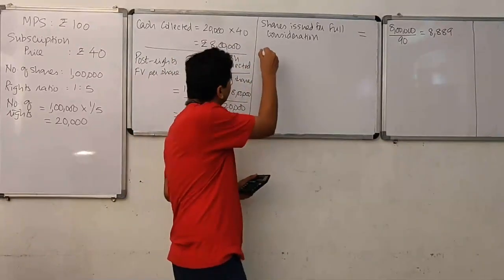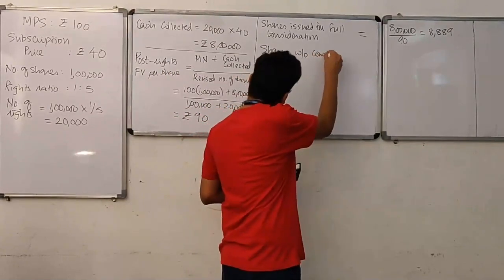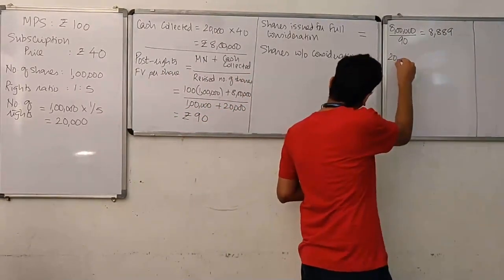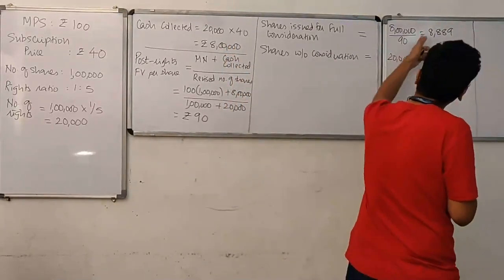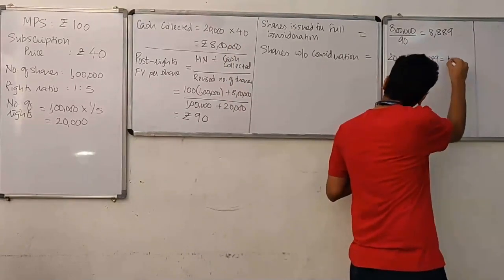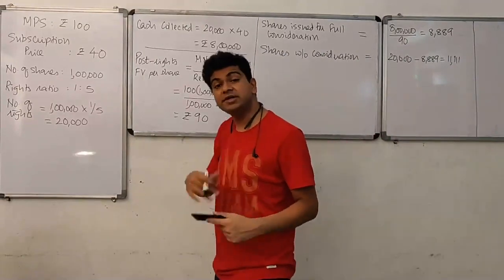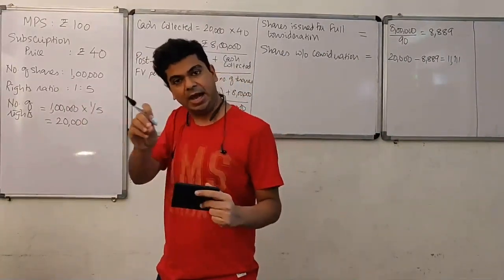So I say here, shares without consideration. This will be equal to, you issued 20,000 shares to collect 8 lakhs, but I could have collected 8 lakhs only by issuing 8889 shares. That means 11,111 shares are issued without getting any consideration at all.